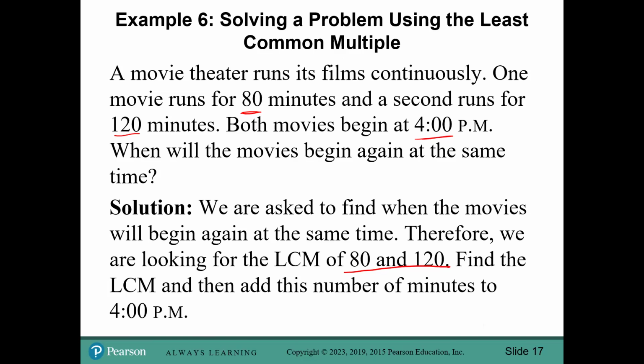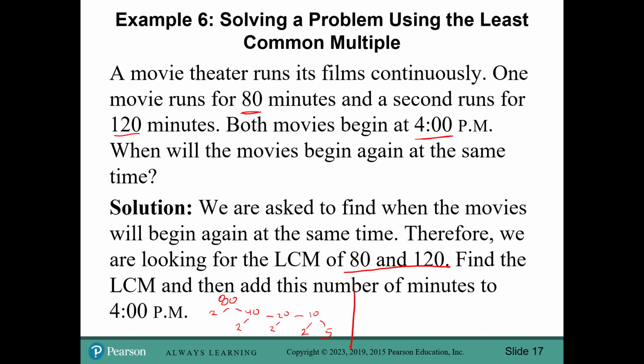To do so in this ridiculously white space-free slide, I would take my 80, divide it by 2. That gives me a 40. That 40 is divisible by 2, giving me a 20. That 20 is divisible by 2, giving me a 10. That 10 is divisible by 2, giving me a 5, right? So 80 is 2 to the fourth times 5.